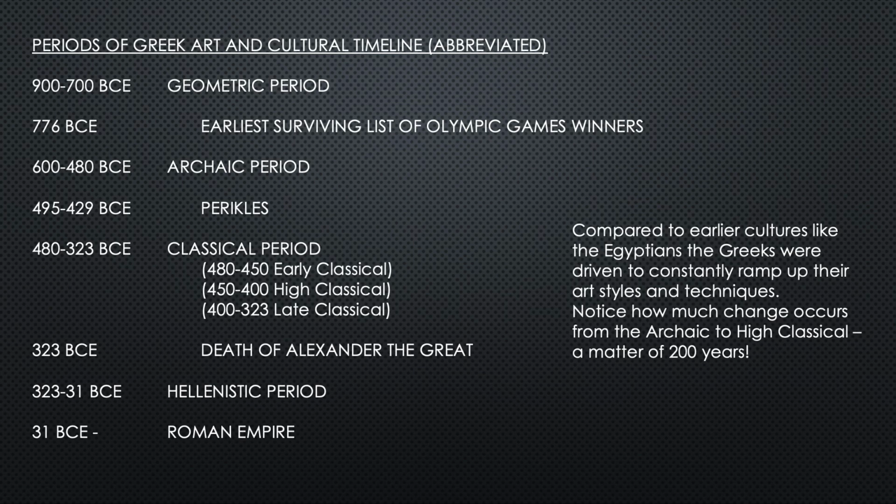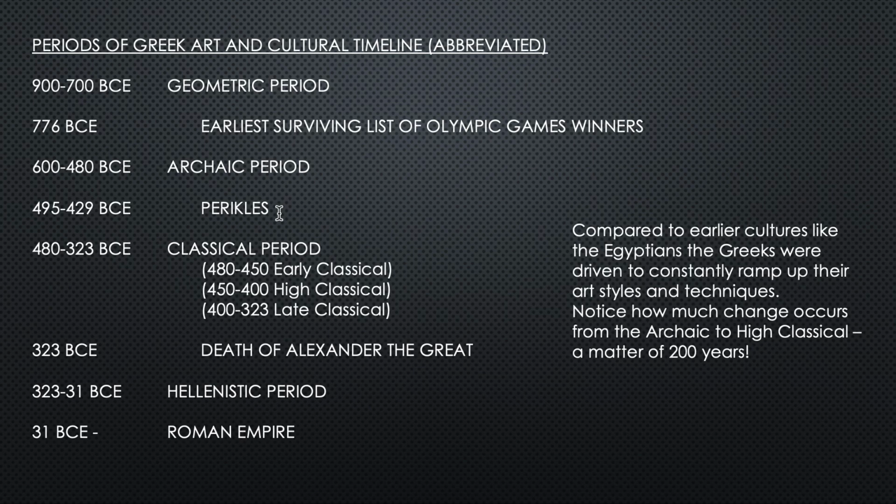Don't overly concern yourself with the dates. I just want you to see the flow and the change, and it is pretty rapid, especially in terms of what other cultures were doing. So here you go. This is a useful slide, so that's why I'm stopping here.